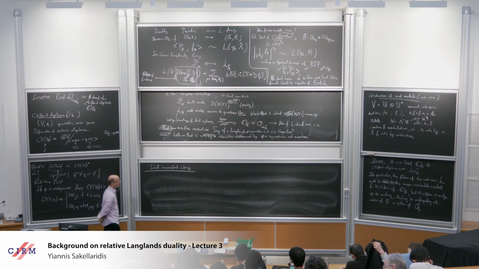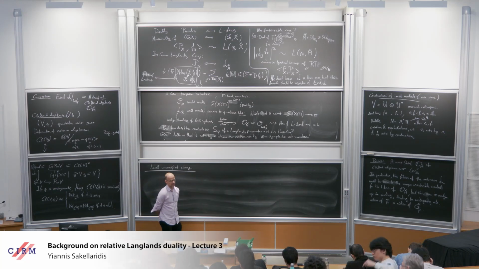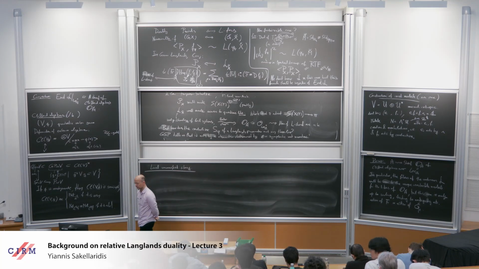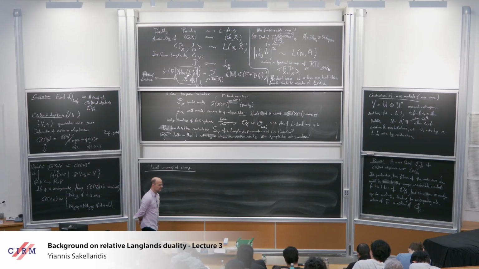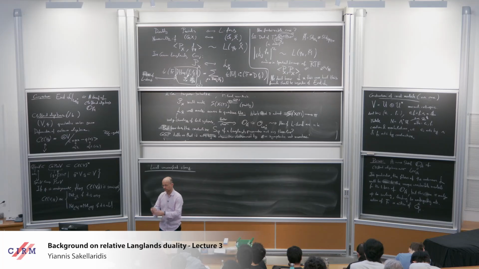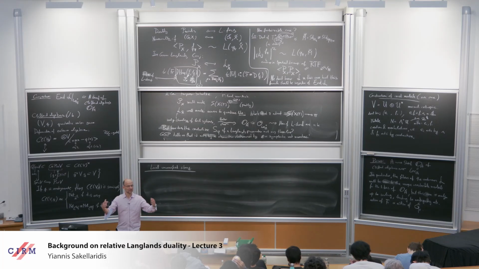So relative Langlands is a collection of conjectures. Some of them are at the local level, some of them are at the global level. And there is some philosophy of quantum field theories that explains why these conjectures all come in packages.